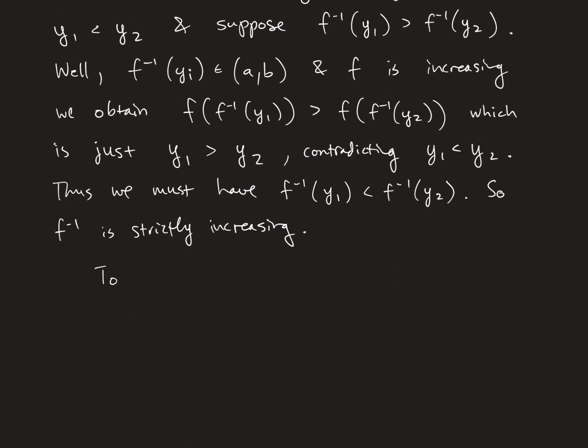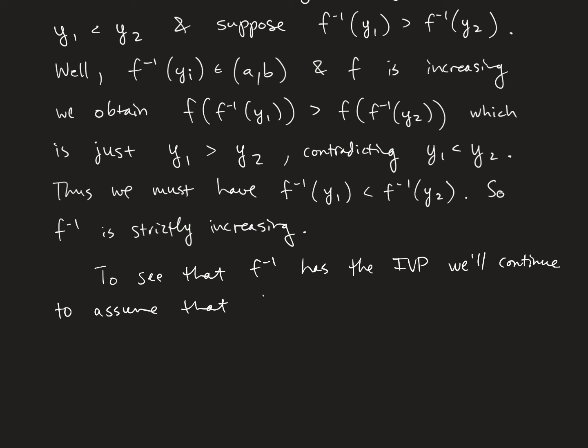So to see that f inverse has the intermediate value property, we'll continue to assume that f is strictly increasing, and that f and therefore f inverse are strictly increasing for definiteness.